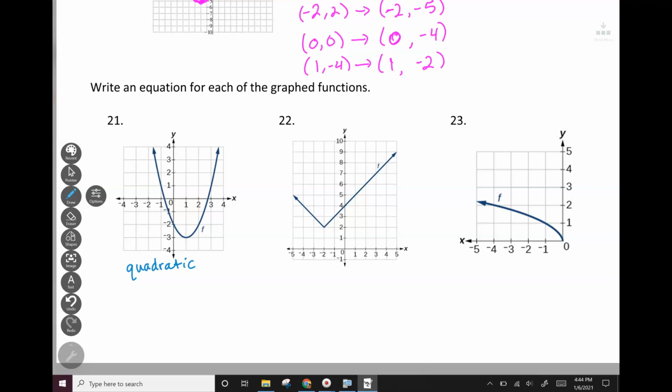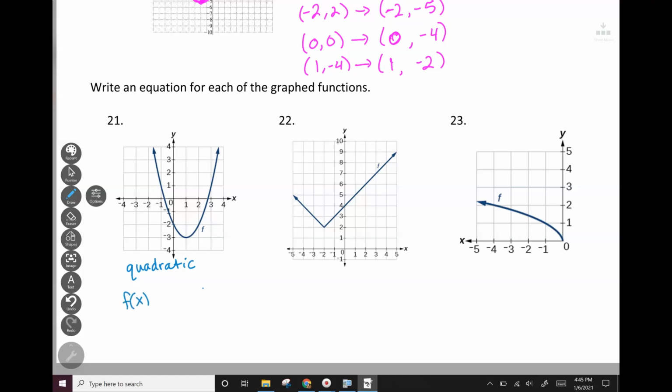It looks like I didn't have any stretches happen because I still have just like 1 squared is 1 and 2 squared is 4. 1, 2, 3, 4. Okay, so it still goes up the right amount if you think about it that way. But it did shift to the right and down.